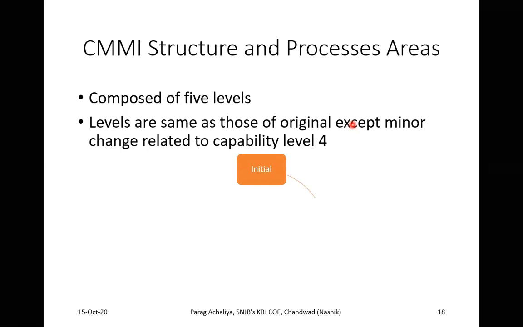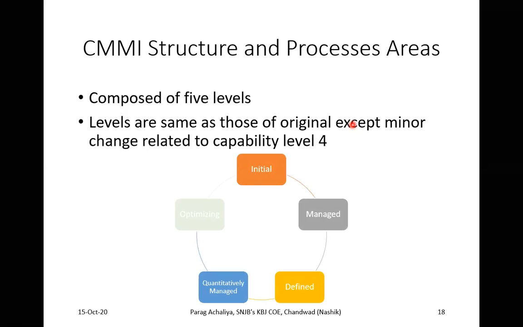The first level is your initial, the second is your managed, the third one is your defined, the fourth one is your quantitatively managed, and the fifth one is your optimizing. These are the 5 levels of your CMMI where there is only a change in your level number 4.